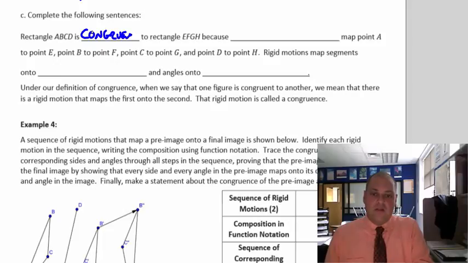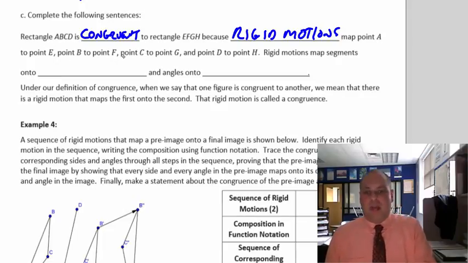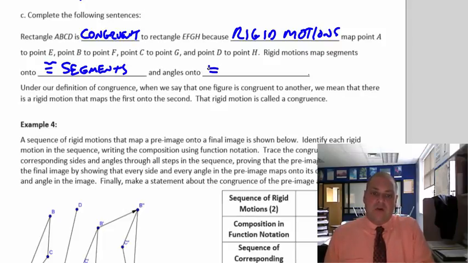They are congruent because rigid motions map point A to point E, point B to point F, point C to point G, point D to point H. Rigid motions map segments onto congruent segments and angles onto congruent angles. That's the congruent symbol.